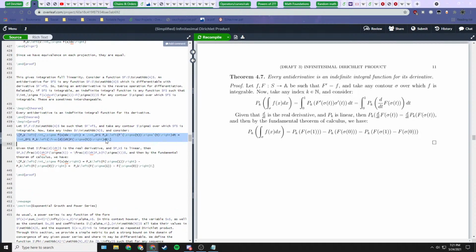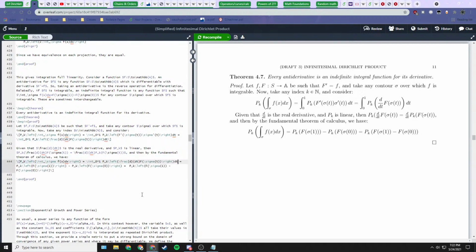So we pull in this p sub k, like that. So we have this is that, which is then this, and then we pull that through like that.